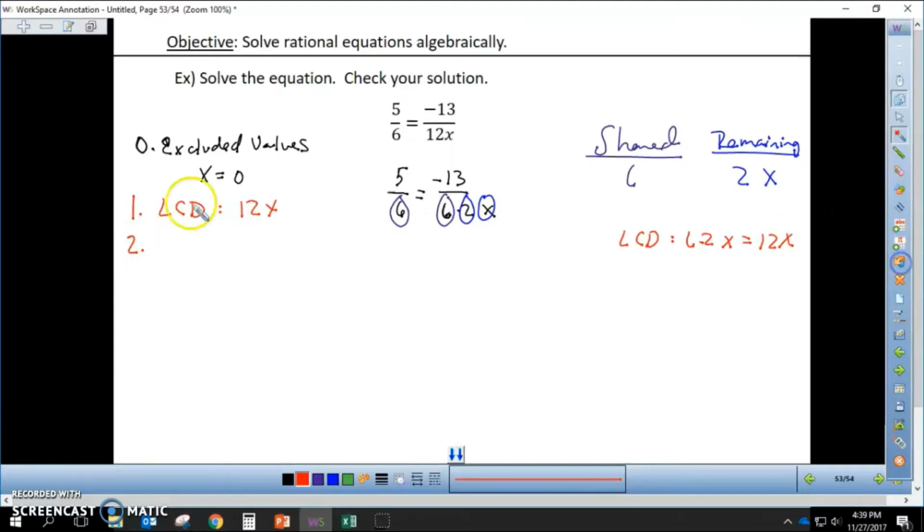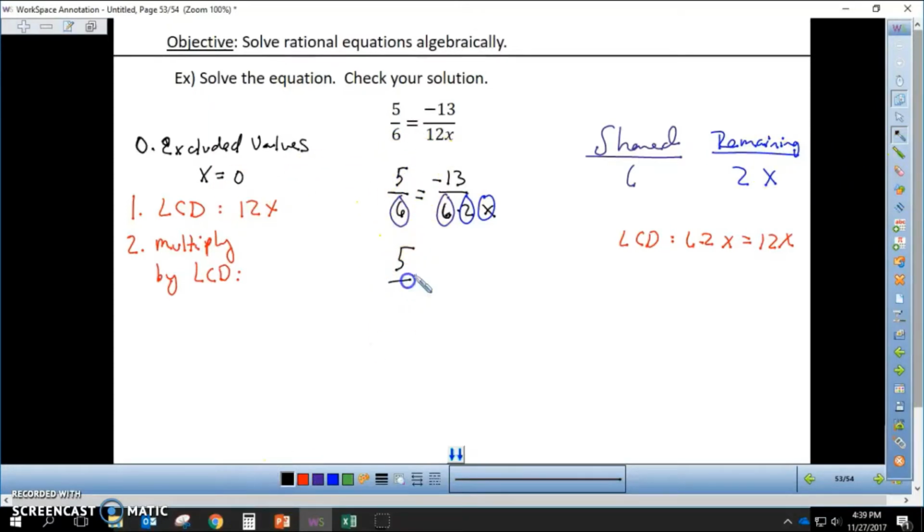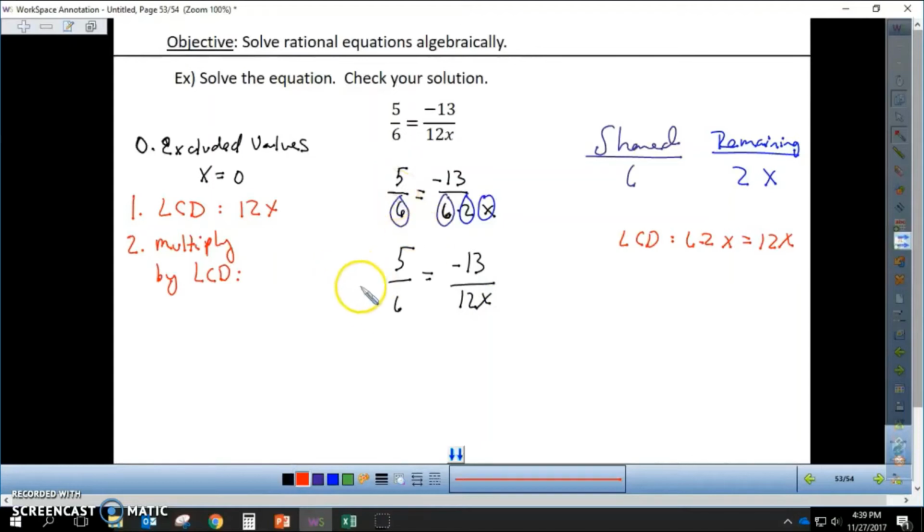Remember, the whole reason that we do this is in step 2, so we can now multiply by the LCD. When I multiply 5 over 6 and negative 13 over 12x by 12x, this cancels with this.